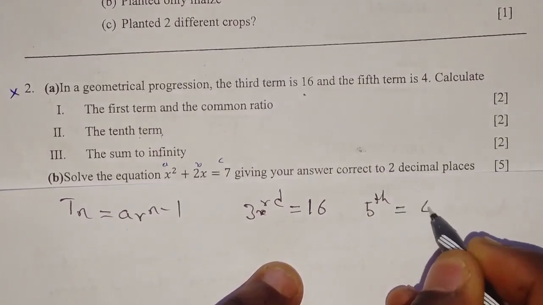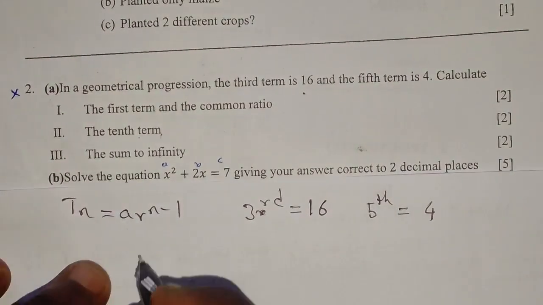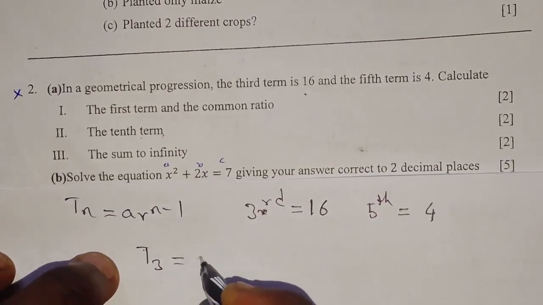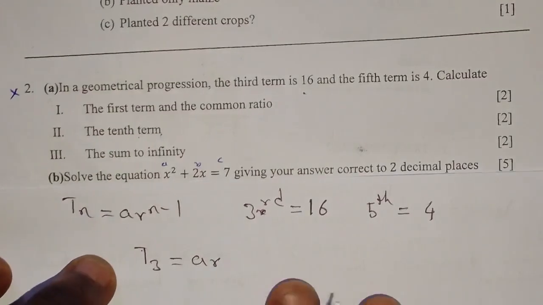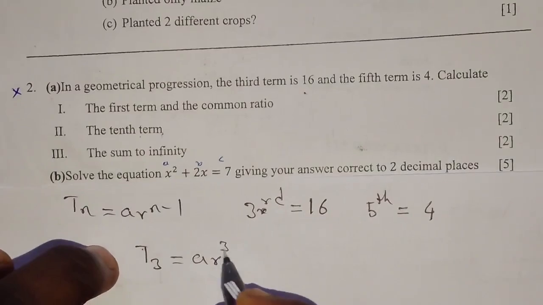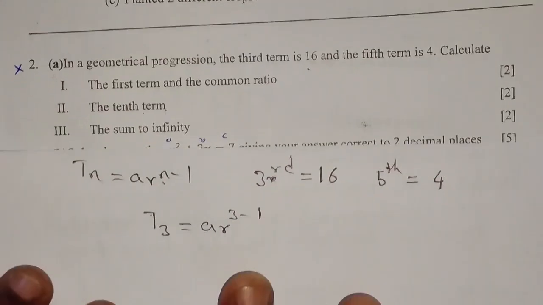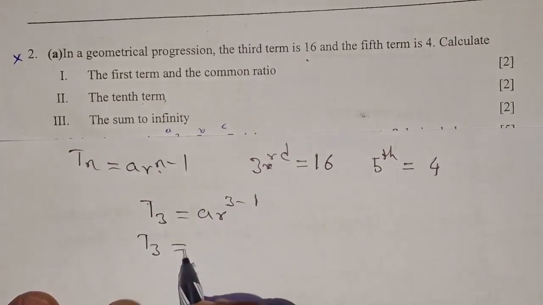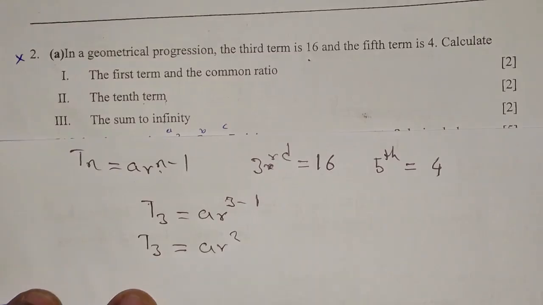So for us to find the third term, we use the formula T3 is equal to ar to the power n, but we know that this is the third term, so the n will be 3 minus 1. Hence we remain with T3 equal to ar squared, since 3 minus 1 gives us 2.